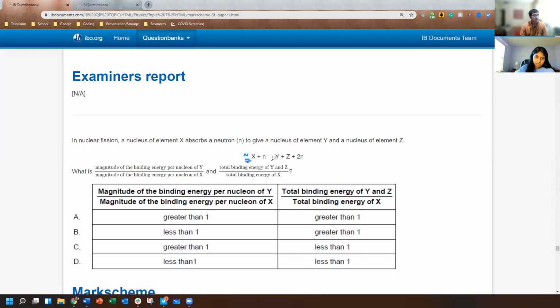Then this would be, let's say, Z minus K, and this would be K, and this would be N. Okay, never mind. I see what's going on. Y and Z are smaller, right? Yeah. Fission. So the total binding energy of Y and Z.